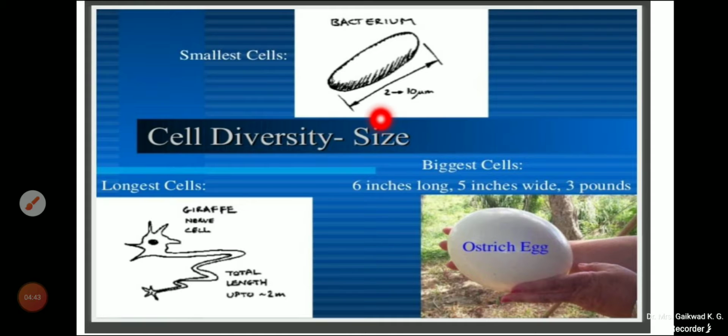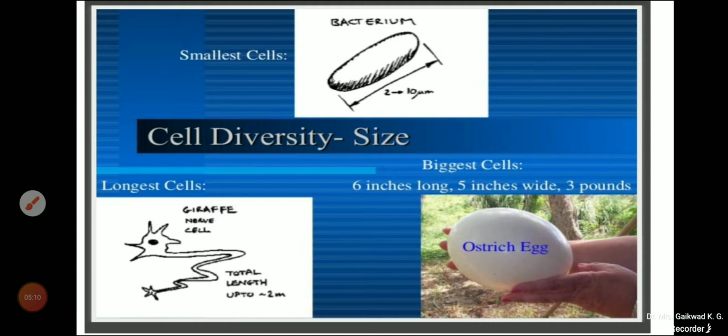Other bacterial cells vary from 3 to 5 μm, while the largest cell is the ostrich egg, about 15 centimeter. And what about the longest cell? Longest cells are the nerve cells.